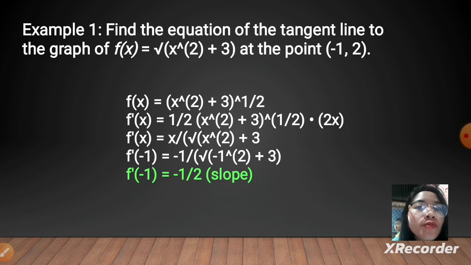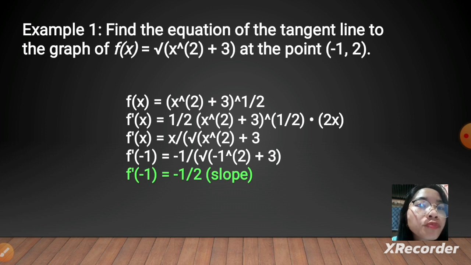So, first, we will find the derivative of the equation. We express the radical sign into exponential, so we have x squared plus 3 raised to 1/2.